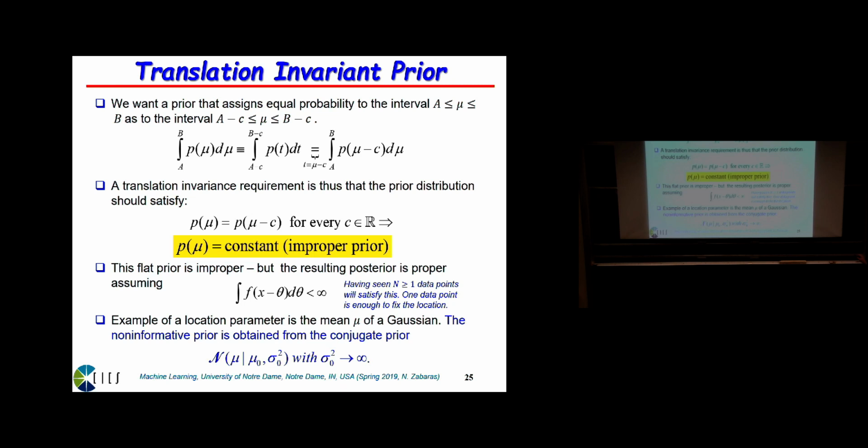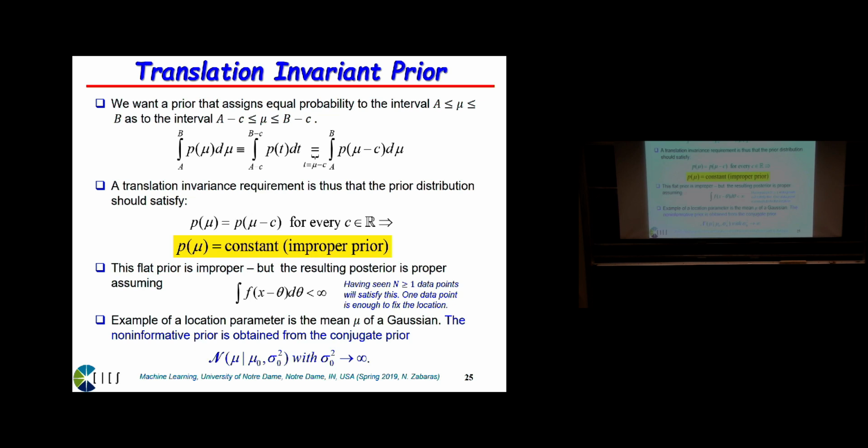You want this to be equal to that, okay, for any C. So if you play with integrals and change of variables in the integration, it comes out that for any C, you need the probability of mu to be equal to the probability of mu minus C, and the only distribution that can do that is a distribution that's constant.